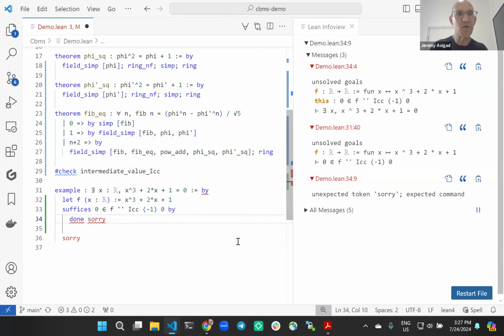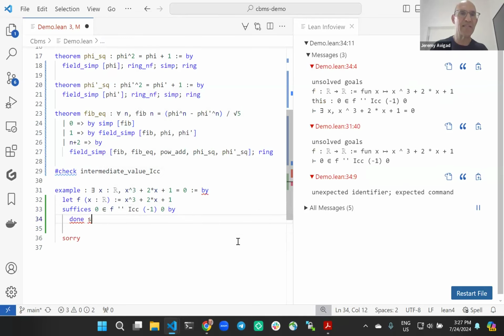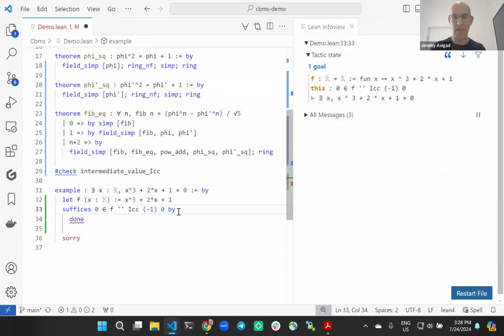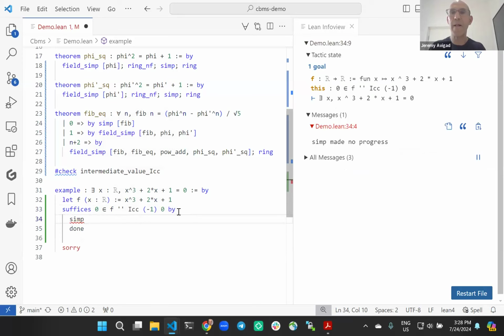I'm doing a Lean trick where we're going to start by telling Lean that the theorem is done, even though it's not. And then when it complains, we're going to fill in the information. So what I'm going to do is simplify and unfold the meaning of this statement. I'm going to ask the simplifier to unfold what it means for 0 to be in the image of the closed interval under F. I'm going to say simp at this.